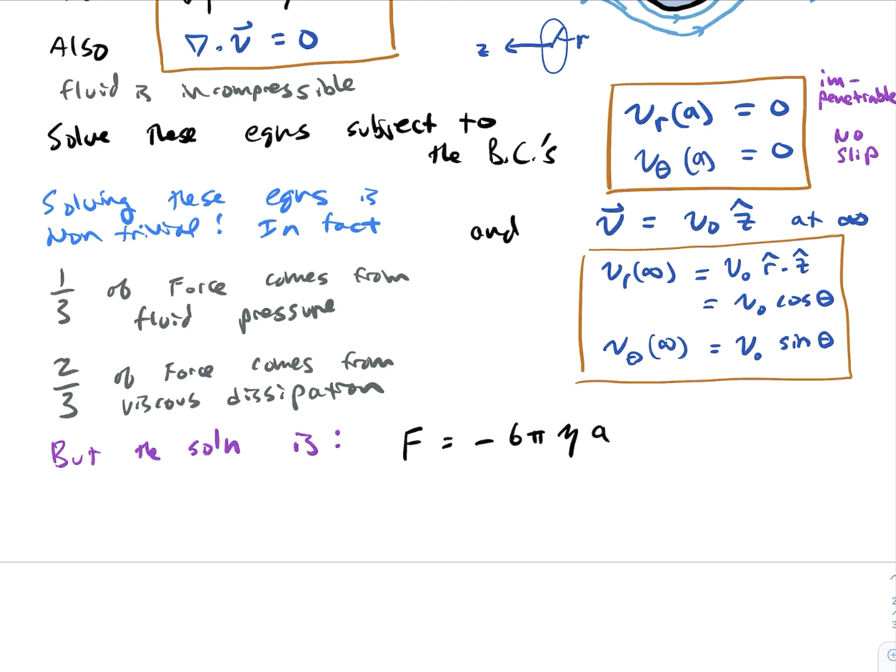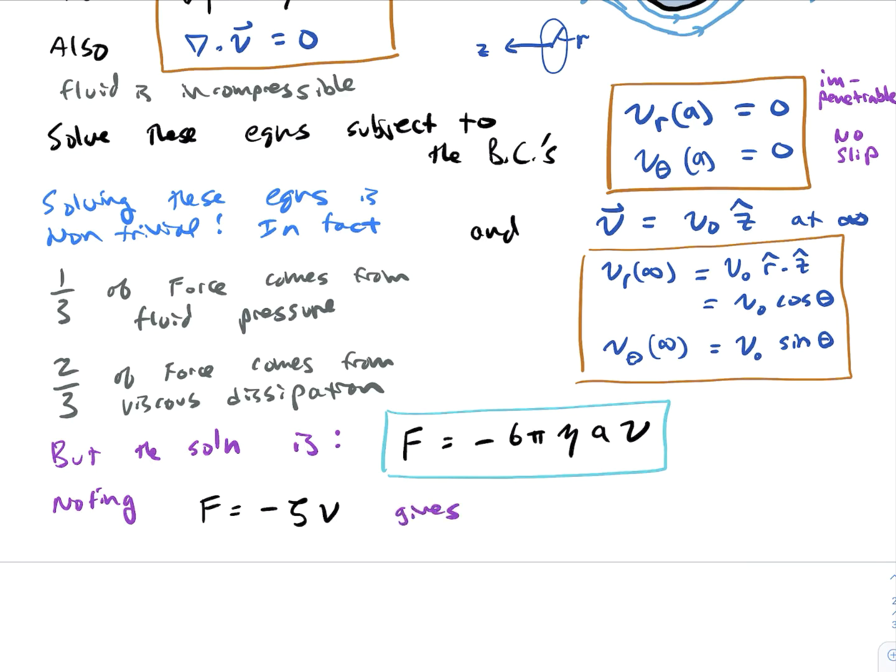But the solution is that the drag force is minus 6 pi eta a times v, a being the radius of the sphere, v the velocity of the sphere. Noting that F is minus zeta v, this gives the friction coefficient zeta as 6 pi eta a. And that was the result that we were after, namely the friction coefficient for a sphere of radius a in a fluid with viscosity eta.